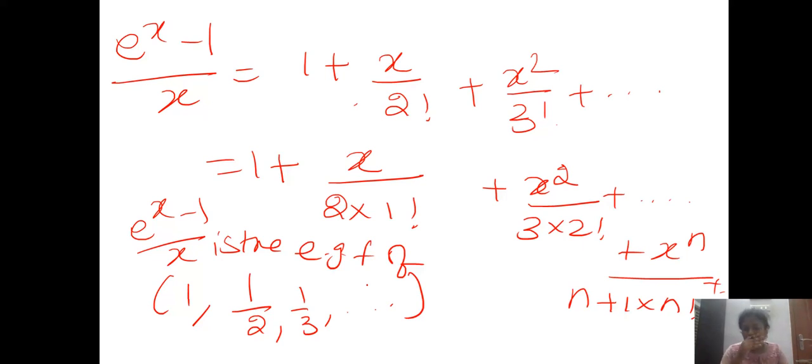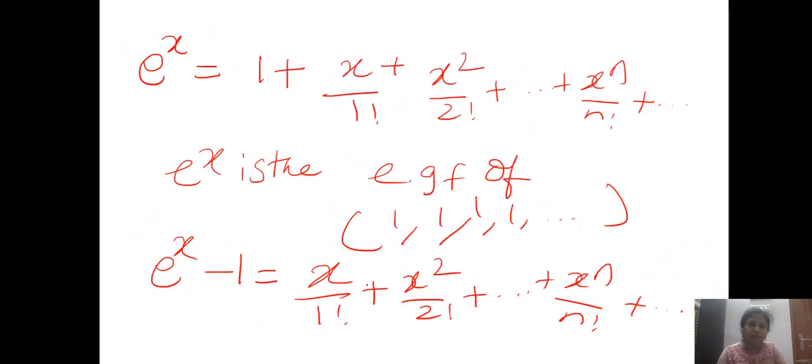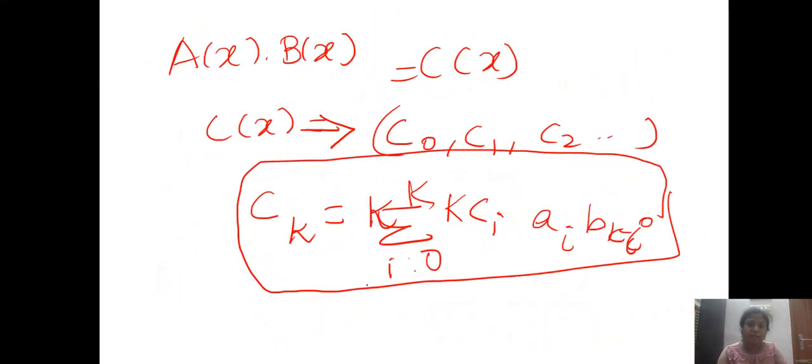So now I also know that e power x minus 1 by x is not enough right now. It is not the required EGF. So I'm thinking of multiplying the same term again, because we actually saw in the first part that when you multiply two generating functions, that is the convolution of two generating functions, it will give me something where each term is a sum, you can see, each term c_k is the summation i equal to 0 to k of kCi.